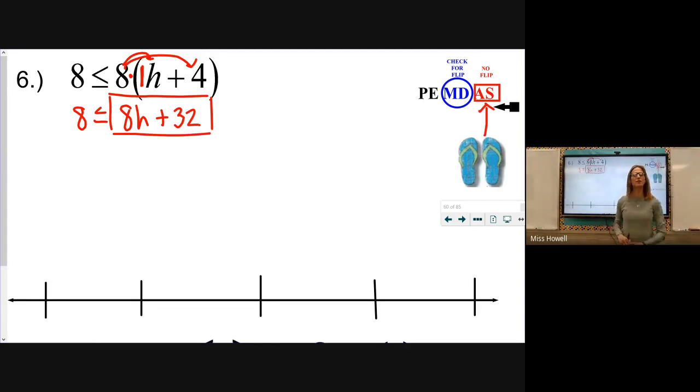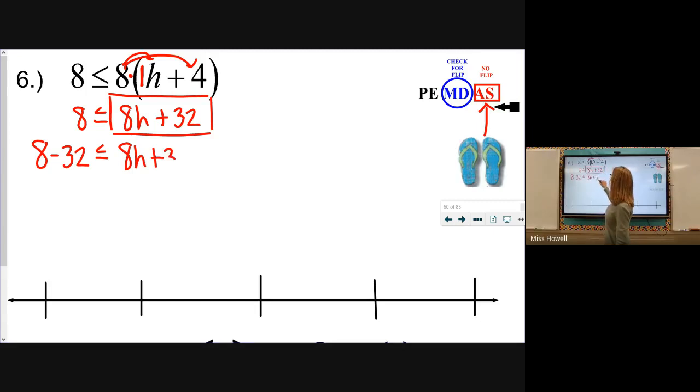We have to start with the inverse of adding 32, which means on both sides we should be subtracting 32. So with our expression of 8, we're going to subtract 32. Bring down our less than or equal to. With our expression of 8h plus 32, we have to subtract 32. Adding and subtracting does not ever flip our sign, so it's staying as the less than or equal to.